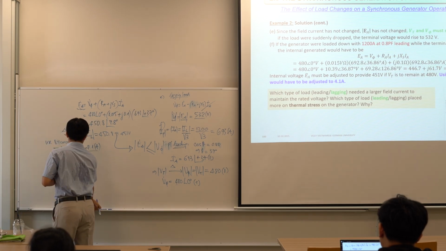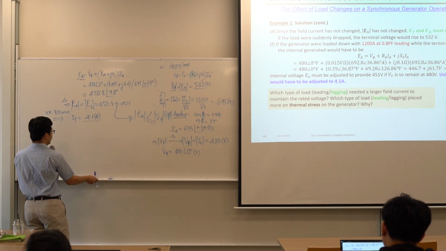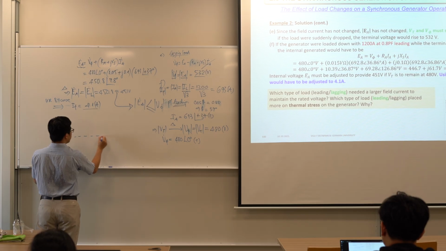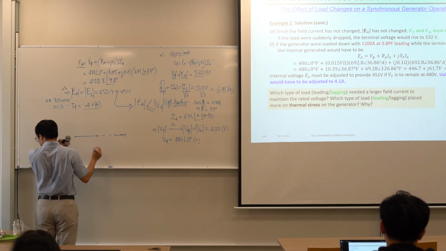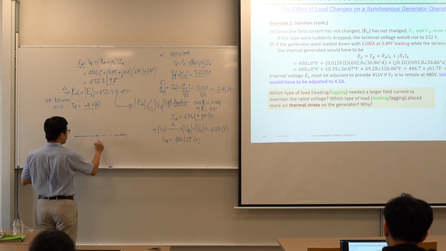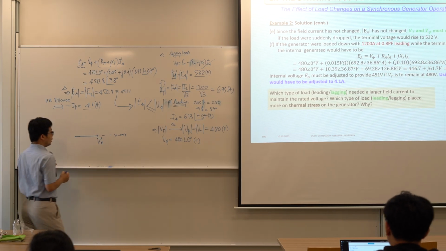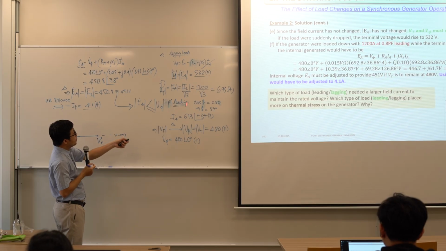And we can draw the phasor diagram, right? Here we have V phase on the x-axis, and IA is lagging V phase by 37 degrees.